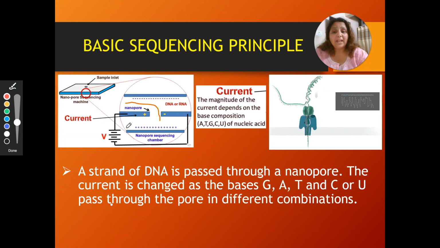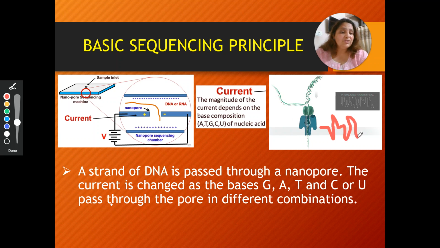That potential difference can be recorded. तो जब भी कोई extra molecule है, be it a nucleotide molecule or any molecule, whenever it makes a change in this flow of electric current, मान लीजिए normal flow ऐसा है, a straight line. Whenever there is a fluctuation in this straight line, it could be like this, it could be like that.